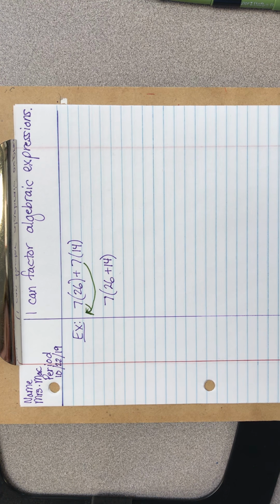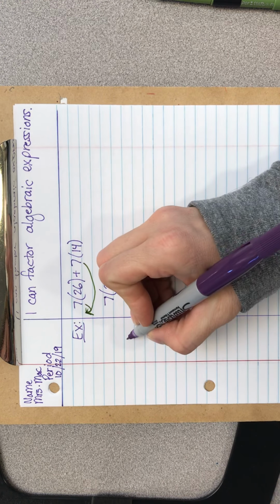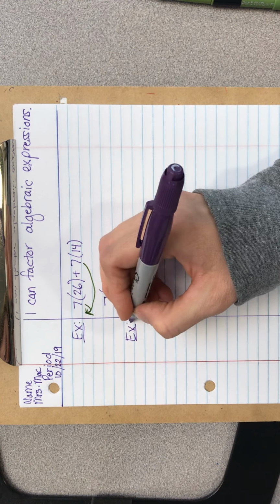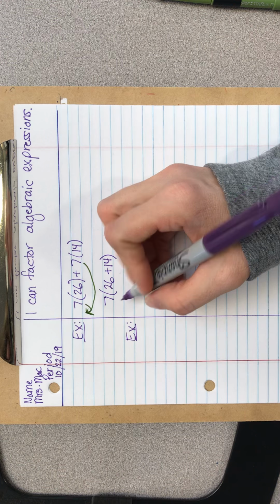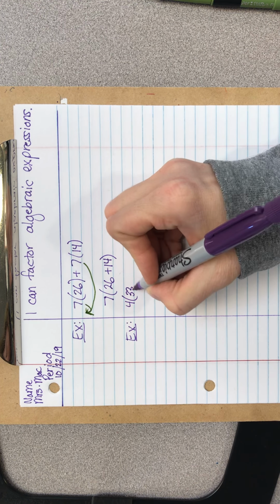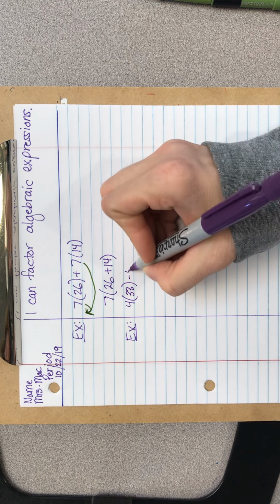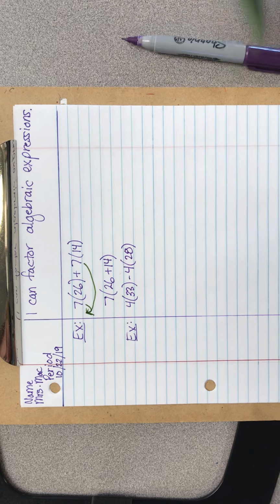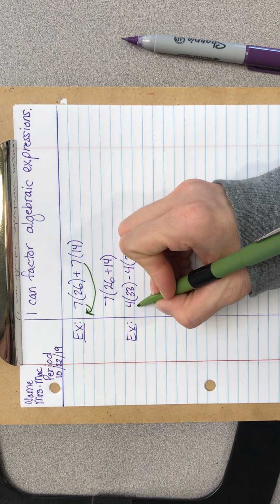Let's just try one more like this, and then we're going to get into what it looks like when we actually have to do the factoring ourselves. Because in these cases, it's done for us. So let's say that we have 4 times 33 minus 4 times 28. Okay, well, you have the common factor of 4 in both of these.